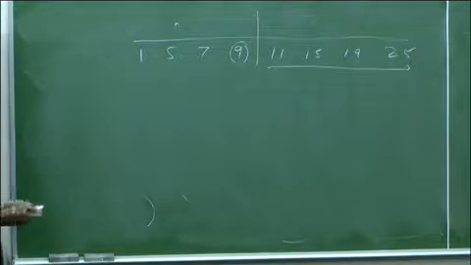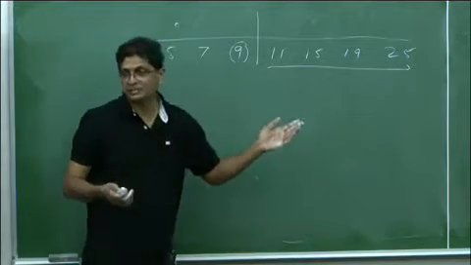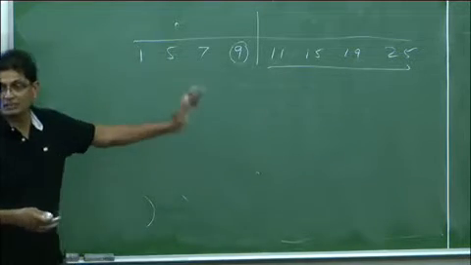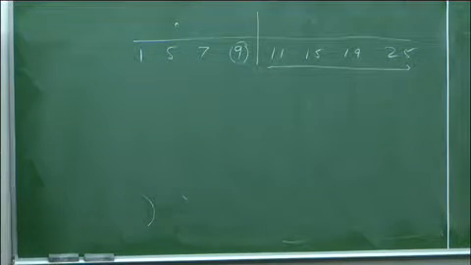Or if I was searching for 14, in that case I do not need to look at the left sublist. So, basically after one comparison, either I found the number or my problem has been reduced to n by 2, and then I will repeat the same idea again.